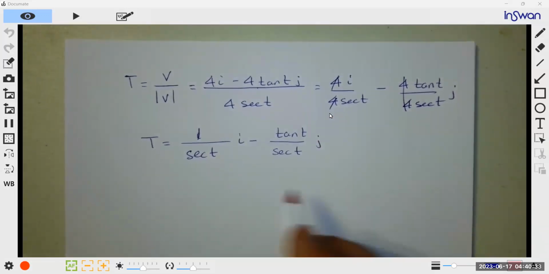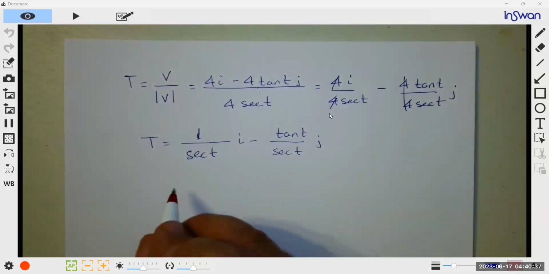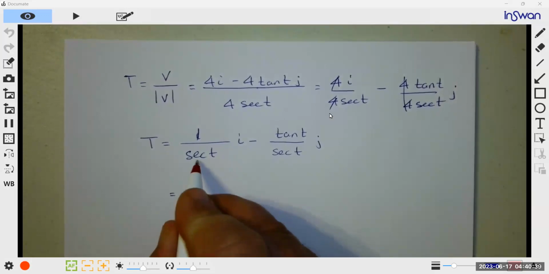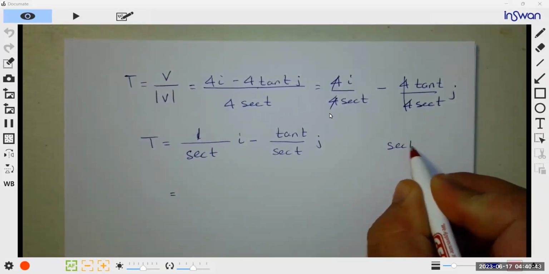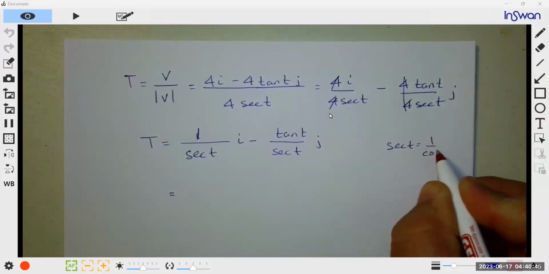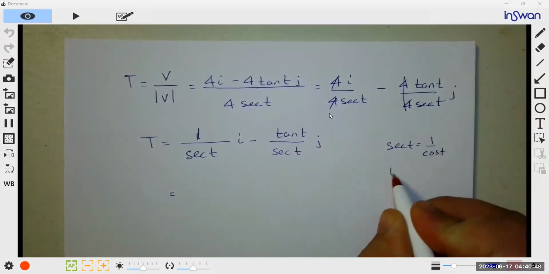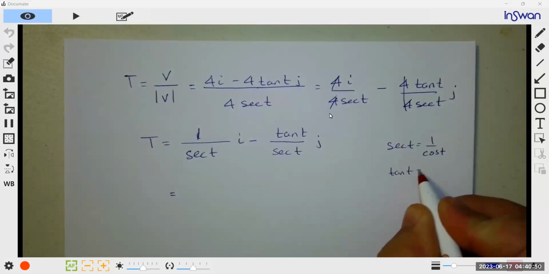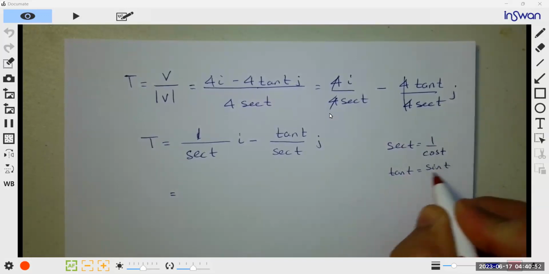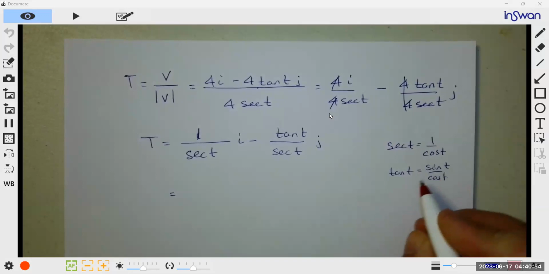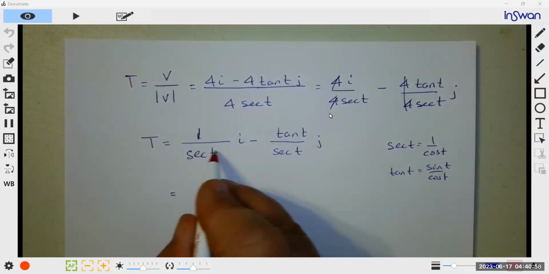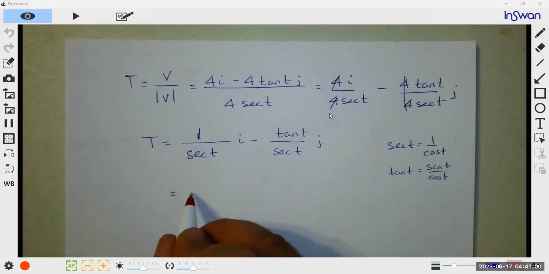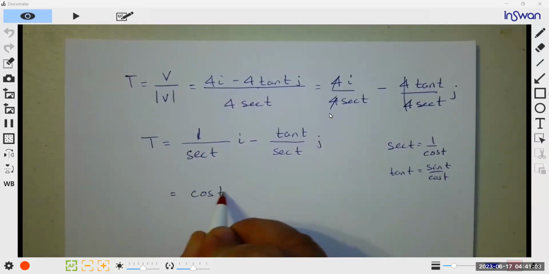All right, now we can rewrite these. Secant is 1 over cosine t. Tangent is sine over cosine. So we have 1 over 1 over cosine, which is the reciprocal, which is just cosine t.